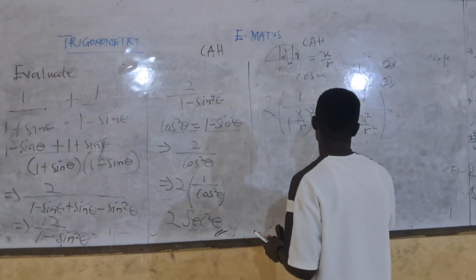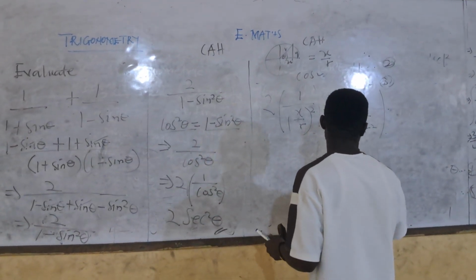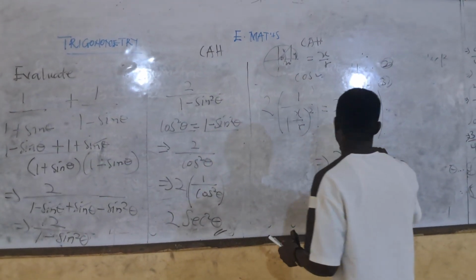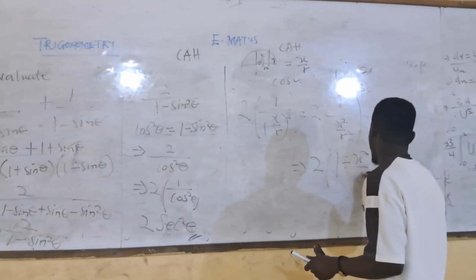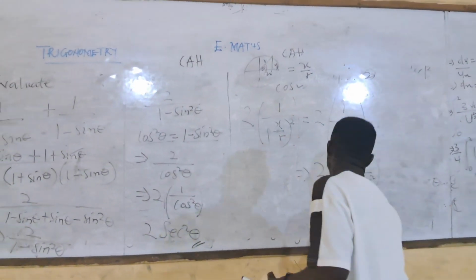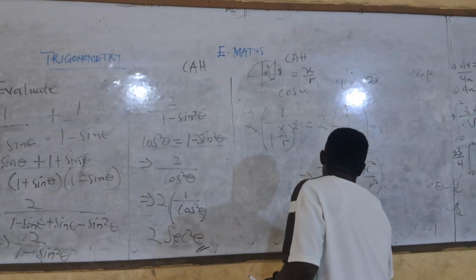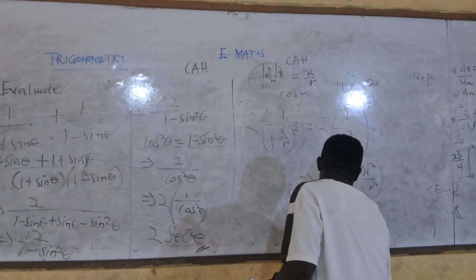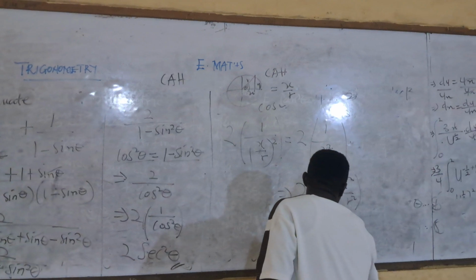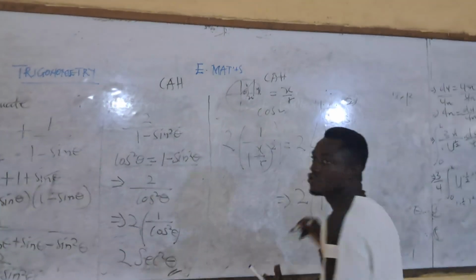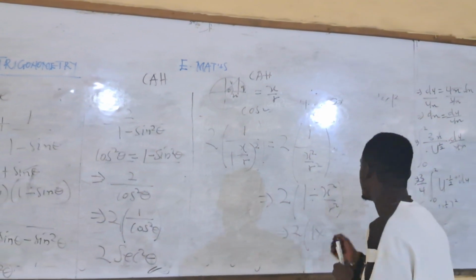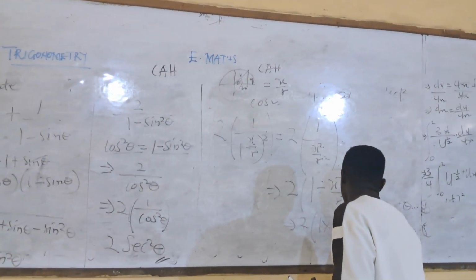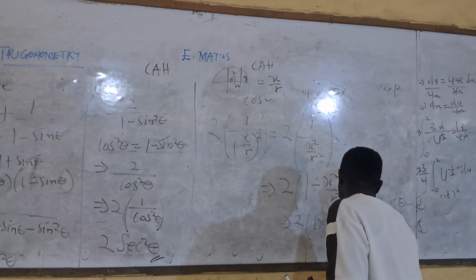Which is the same as 2 into bracket 1 divided by X squared over R squared. So if you want to remove the division sign, we have 2 times 1 times R squared over X squared.